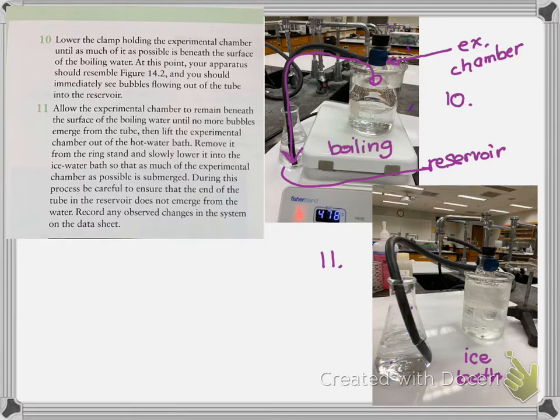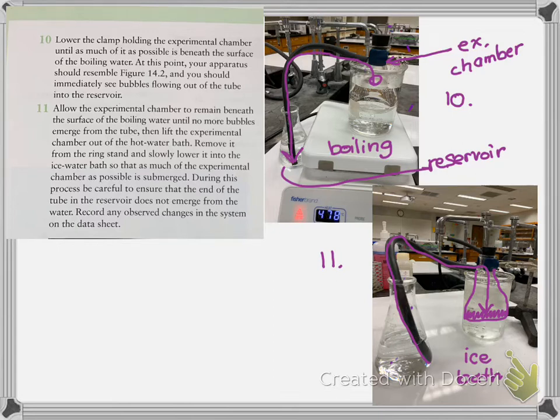And so now we cool it down. Our chamber is inside here, and when you cool it down, the air contracts and is like sucking the water into the chamber. So the water comes in here and we get a little bit of water, which you'll see in the next one.